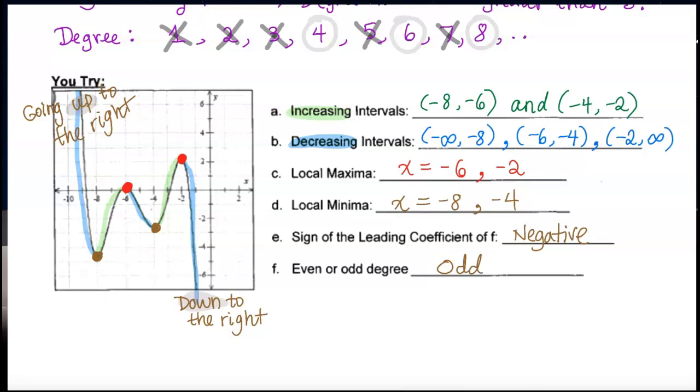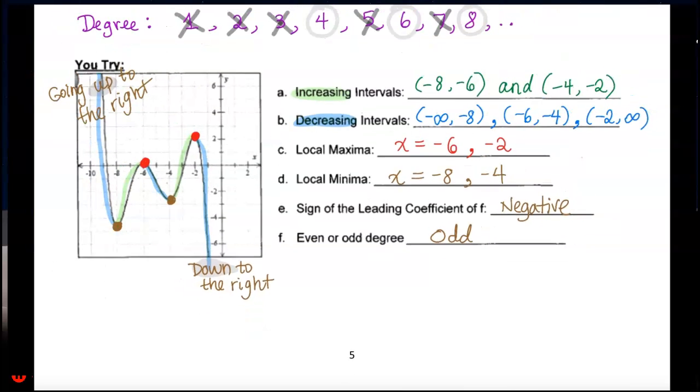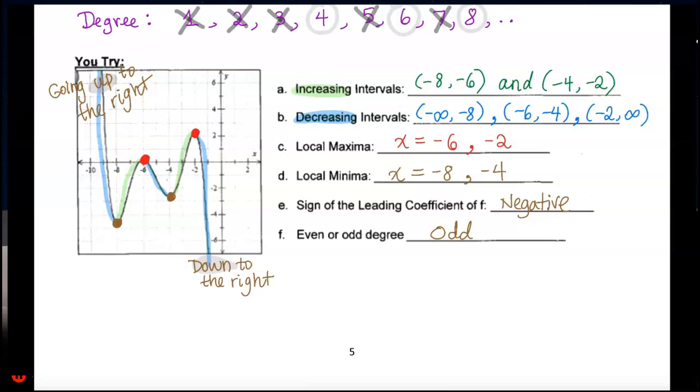Okay? Now, this is how they will ask you to identify possible degrees. And they will list numbers. 1, 2, 3, 4, 5, 6, 7, 8, and so on. I don't know how many they do. But in order for you to answer that question, we're going to have to look at how many turning points.